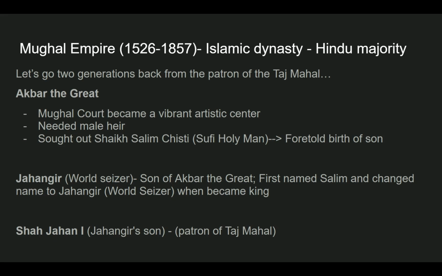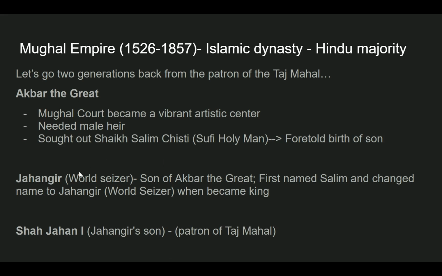I saw some of those when I went to Turkey, so it's pretty cool. But so he sought out this Sufi holy man, and Sheikh Salim Kishti foretold the birth of his son. And so then his wife gave birth to Jahangir, who was Shah Jahan, the patron of the Taj Mahal's, father.